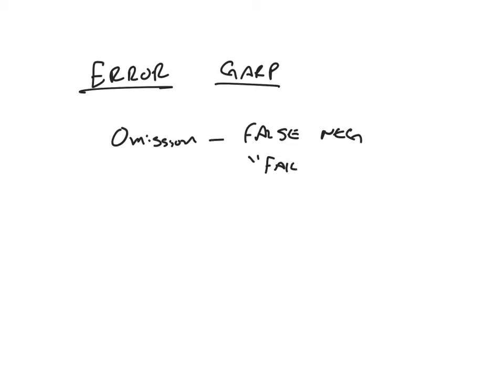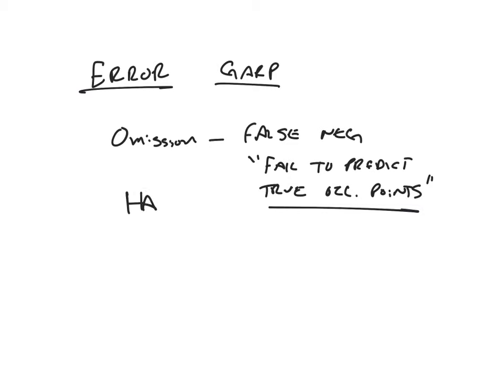Okay, we fail to predict true occurrence points. So we fail to predict actual data about where the species we're trying to model has been recorded. Since those are actual locations, we can call this a hard error. So if we're leaving out actual data and we're confident that those locations are accurate and that the species was truly recorded there and not some sister species, then we can consider that a hard error.